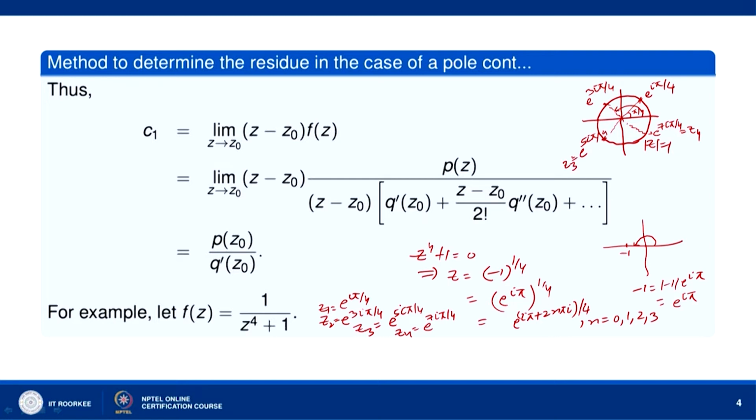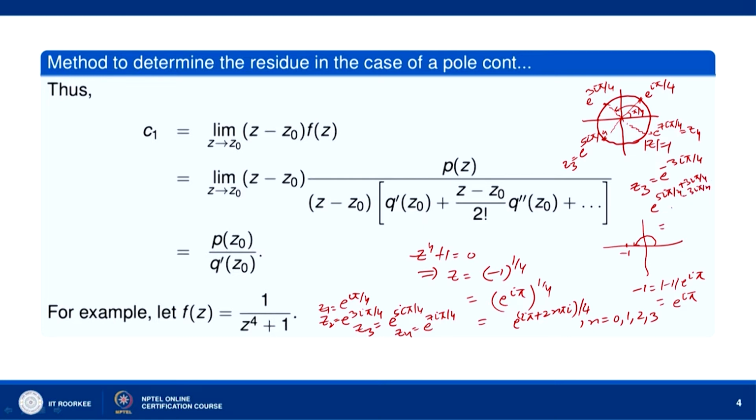Now z3 can also be written as e to the power minus 3 i pi by 4, because e to the power 5 i pi by 4 is e to the power 5 i pi by 4 plus 3 i pi by 4 minus 3 i pi by 4.